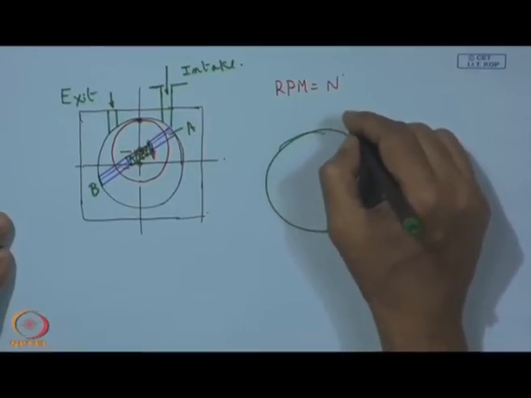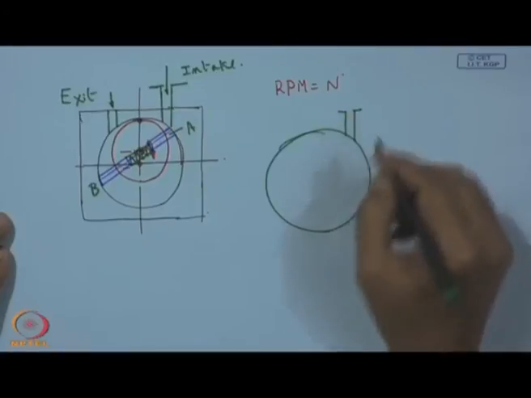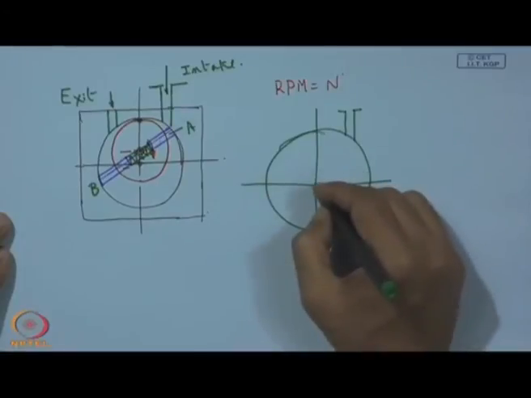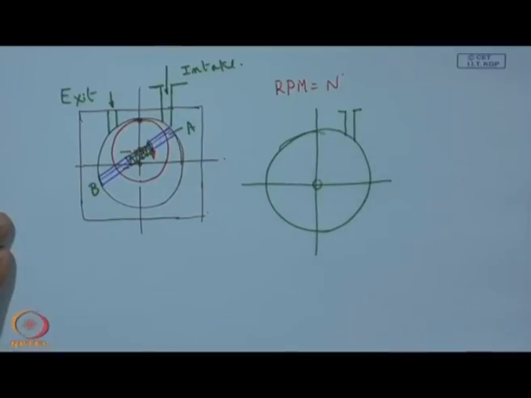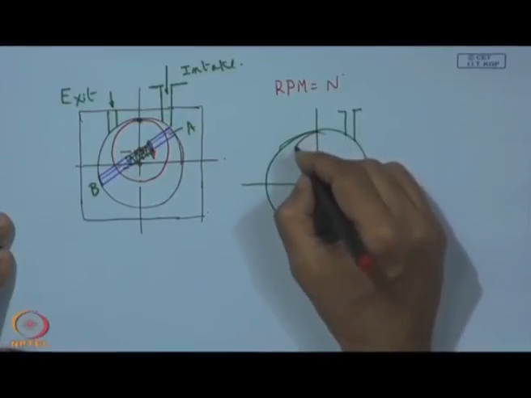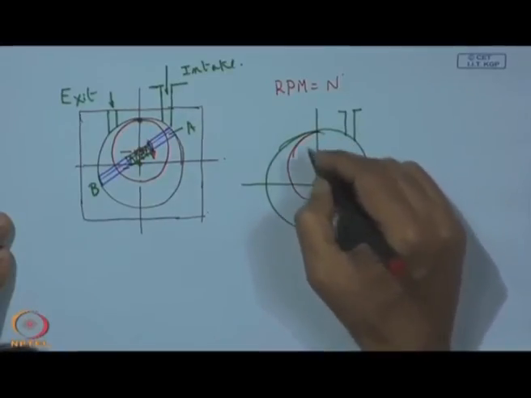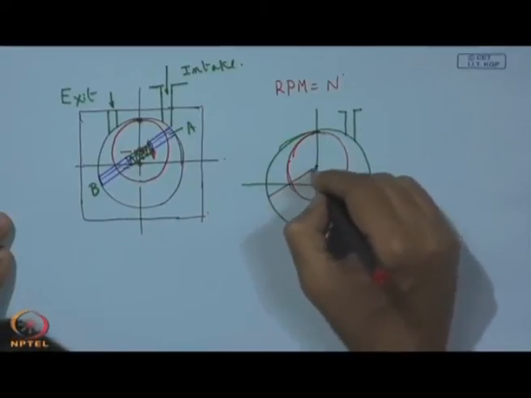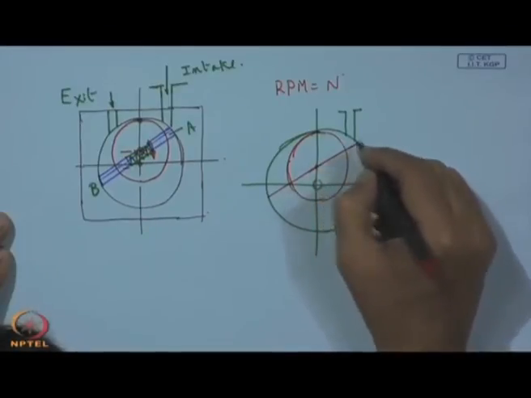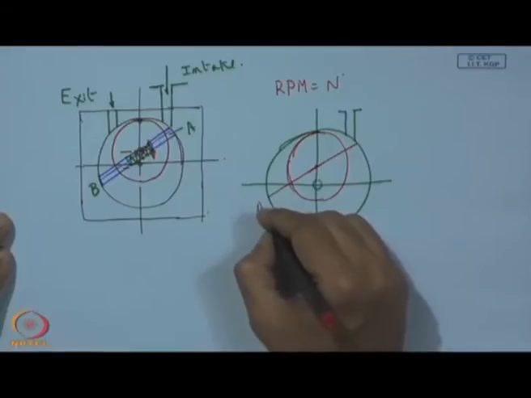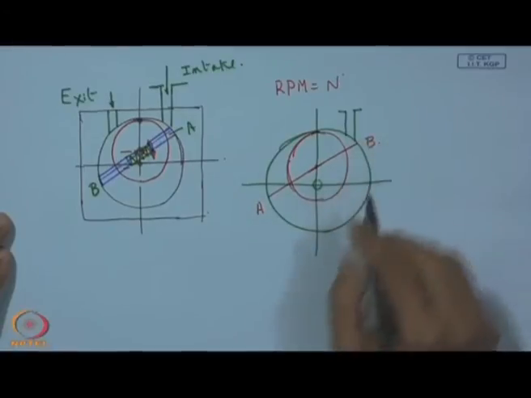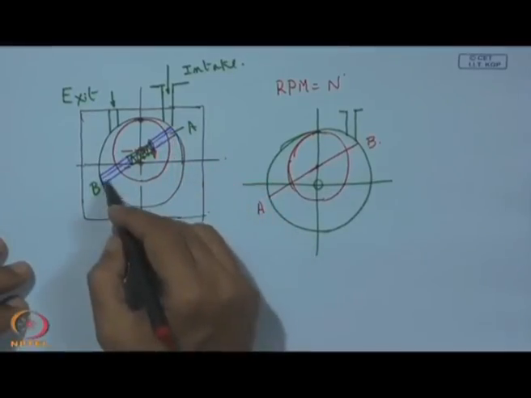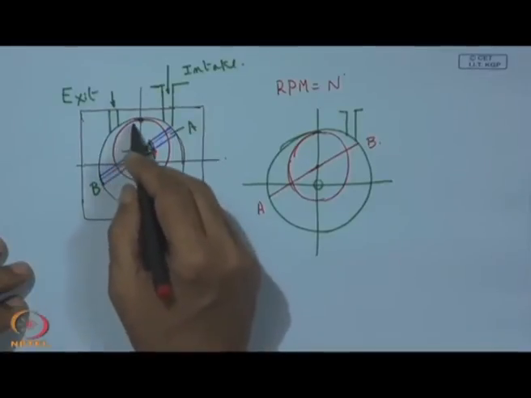Without going into detail of this drawing, this is the axis of the stator, and they change their position. So, now A is here and B is on this side. As B is gradually moving in this direction, A is moving and B is also moving upward.